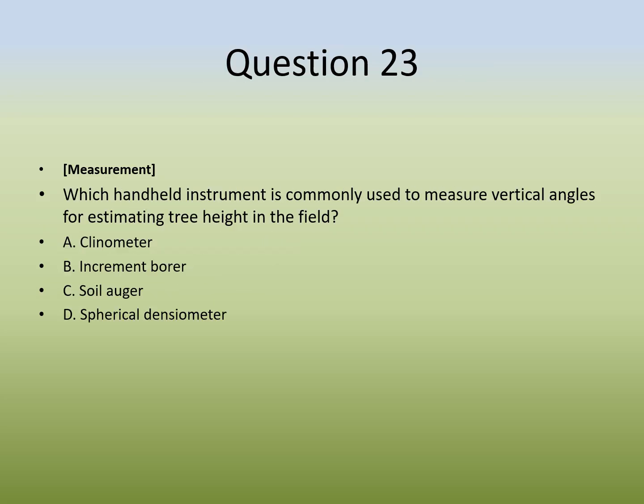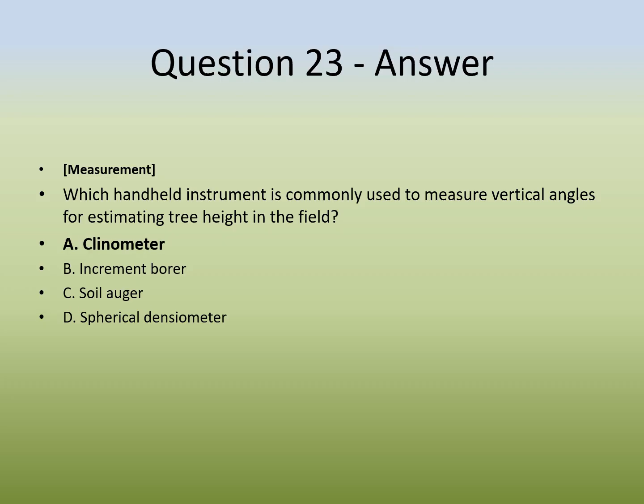Question 23. Which handheld instrument is commonly used to measure vertical angles for estimating tree height in the field? A, clinometer, B, increment borer, C, soil auger, or D, spherical densiometer? The answer is A, clinometer.